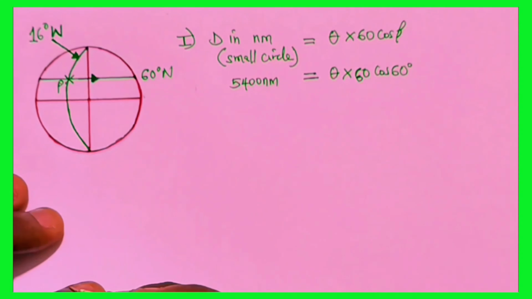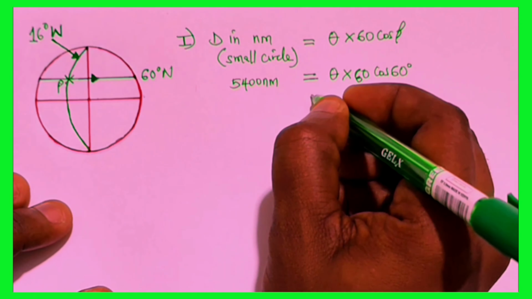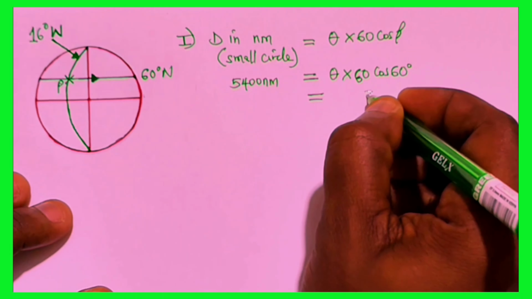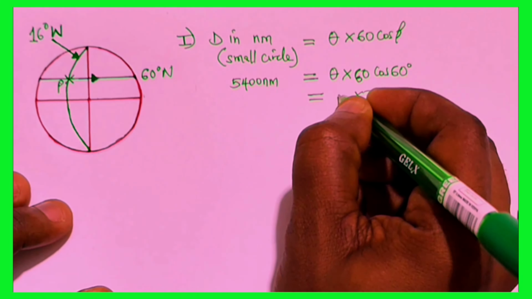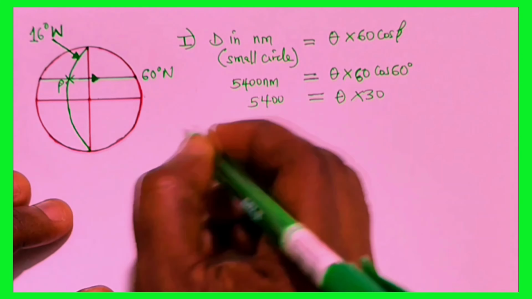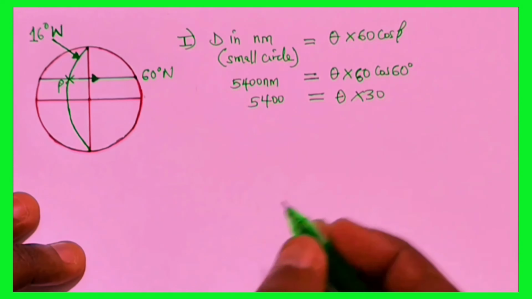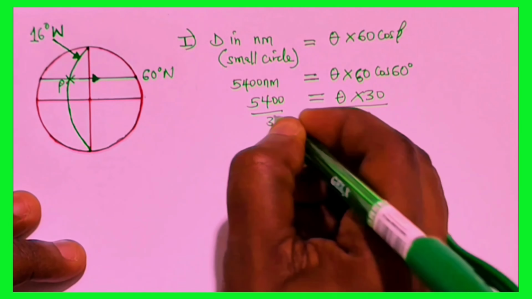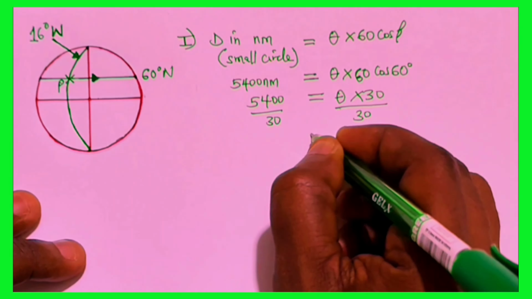Before we solve for theta, if you multiply 60 times cos 60, you're going to have 30. So 30 multiplied by theta is equal to 5,400 nautical miles. And therefore, when you divide both sides by 30, you're going to get the value of theta.